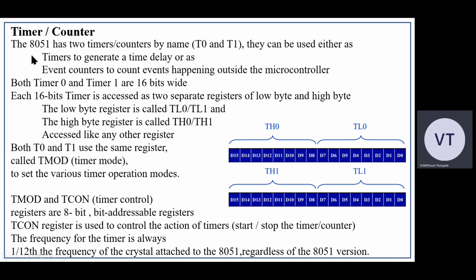As of now, there are two timers available, and the length of each timer is 16 bit. T0 is a 16-bit register, T1 is a 16-bit register.